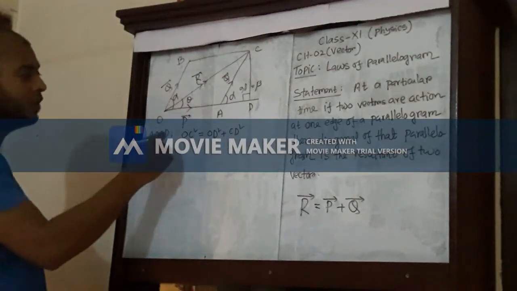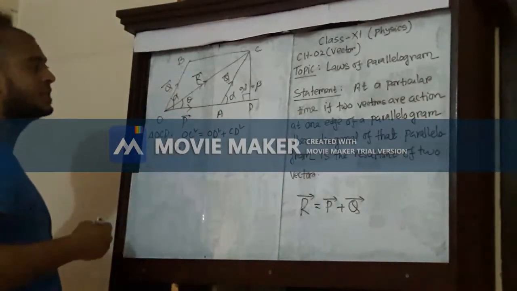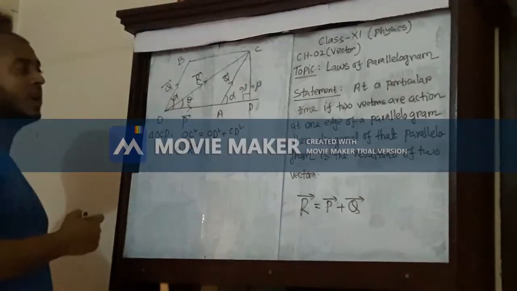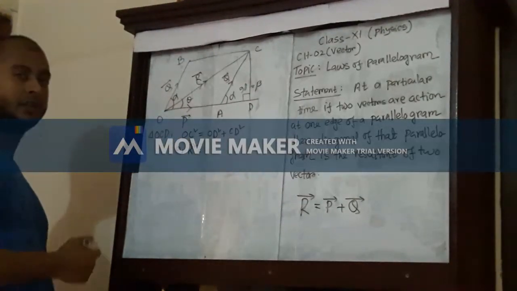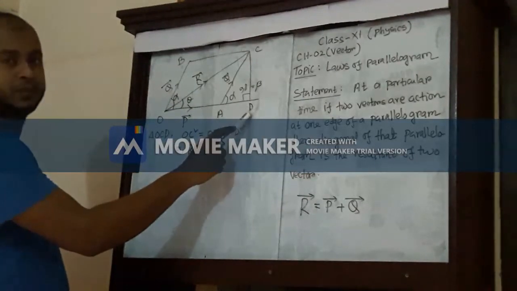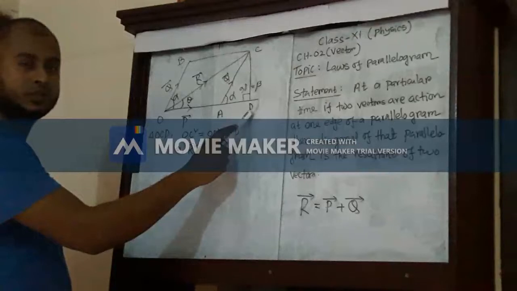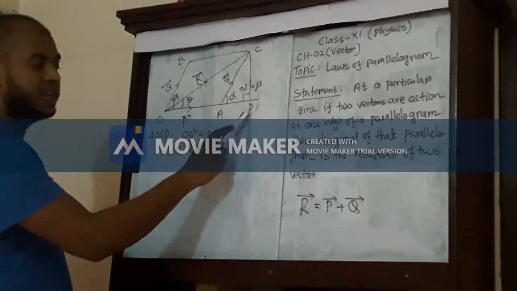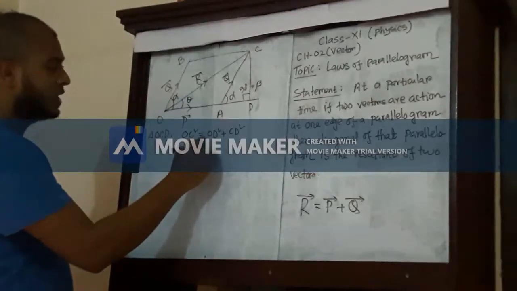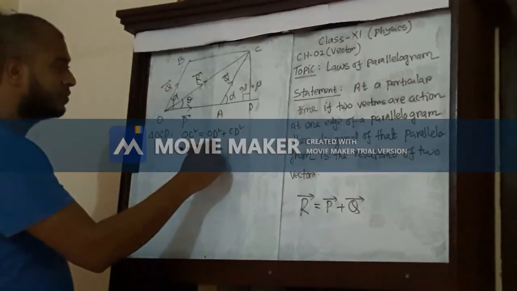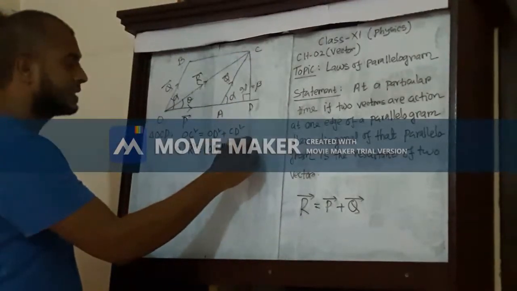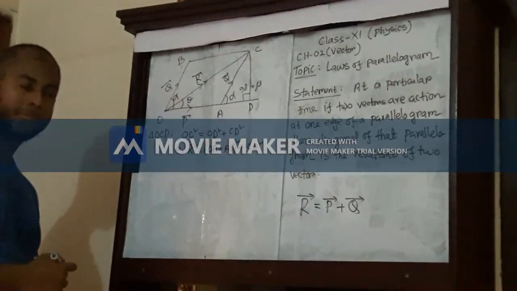Now OC is R square. Now OD is in two parts: OA plus AD. So OD equals OA plus AD, and I can say R square equals (OA plus AD) whole square plus CD square.